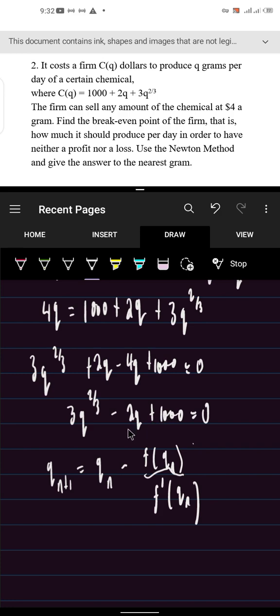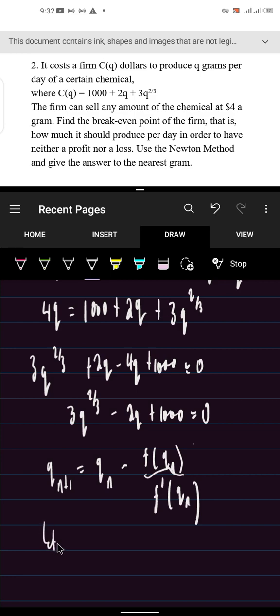So maybe let's try q equals 600. You can pick any number of your choice, but looking at the constant here, it will tell you the nearest that you have to go. So let's go halfway, maybe let's try 600.